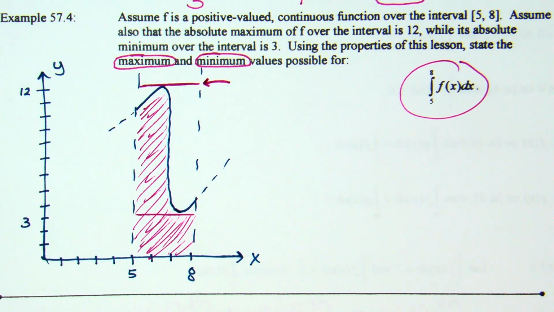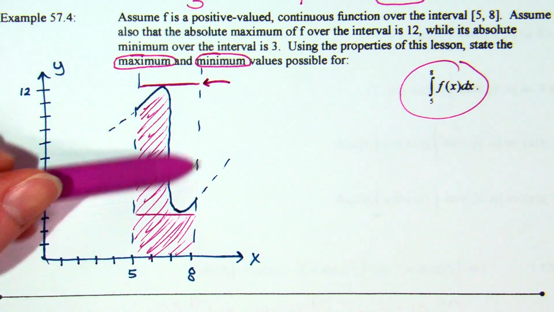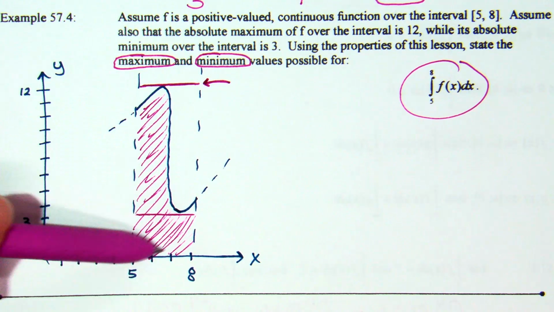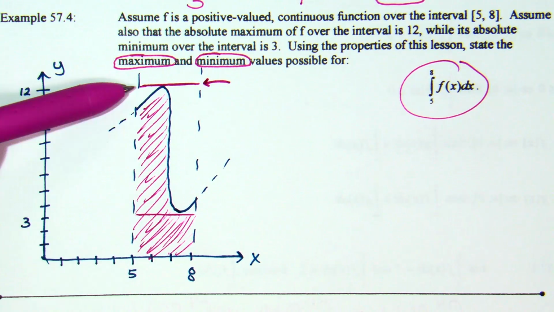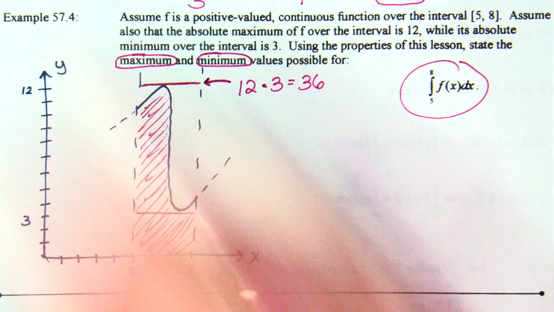So if this curve was drawn differently, and filled up this whole area, we're talking the shape of a rectangle. And what's the area of that rectangle? 12 times 3. A maximum height of 12 times a width of 3, and 12 times 3 is 36. So that would be the absolute maximum.